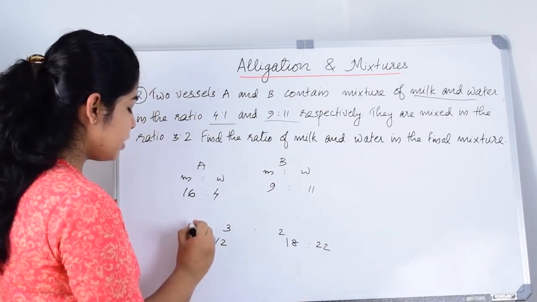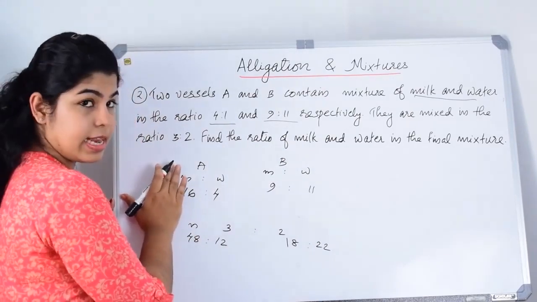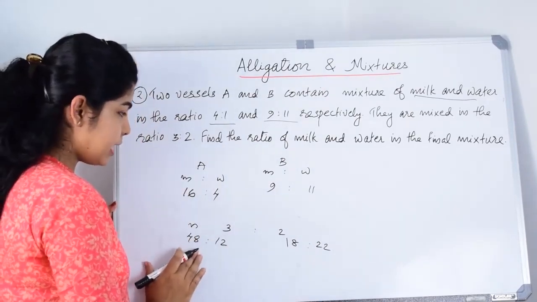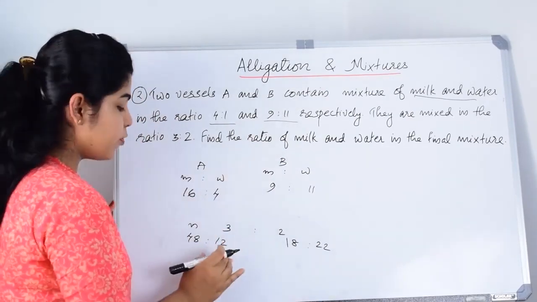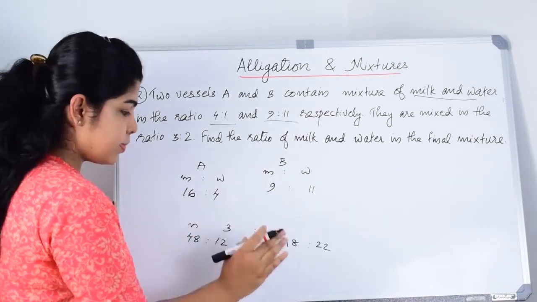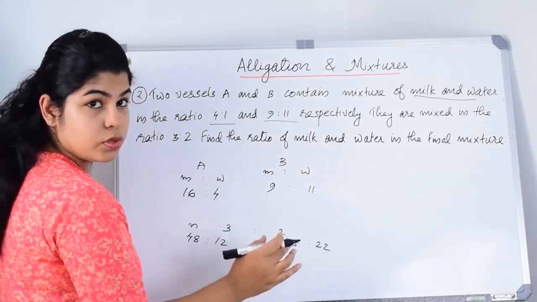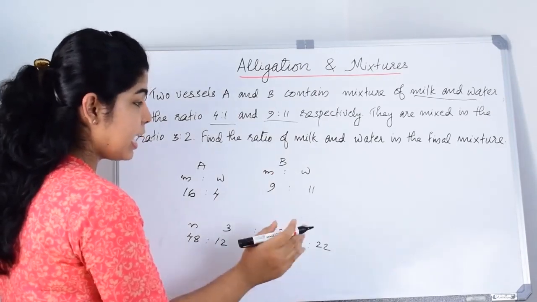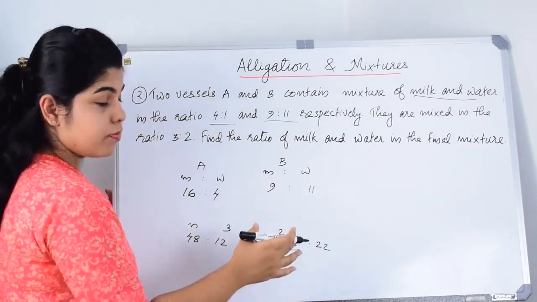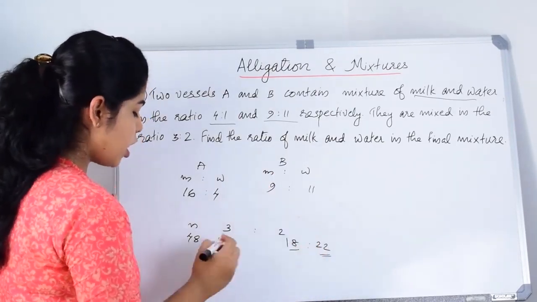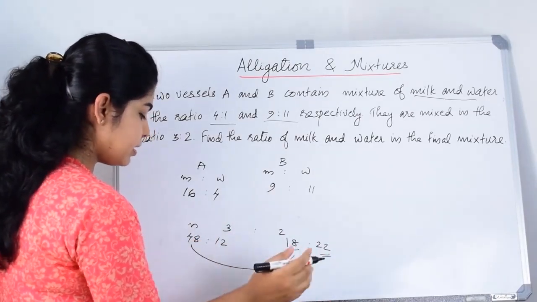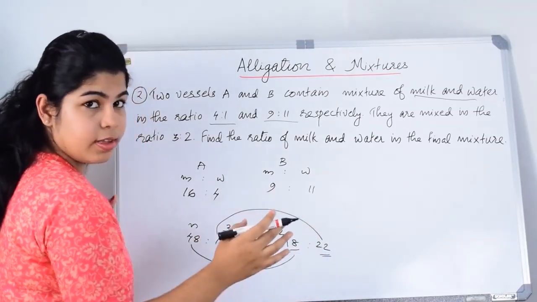That is, the milk that we took from vessel A is 48 and the water we took from vessel A is 12. And similarly, the milk that we took from vessel B is 18 and the water that we took from vessel B is 22. Now by adding the milk and water together, we will get the answer.